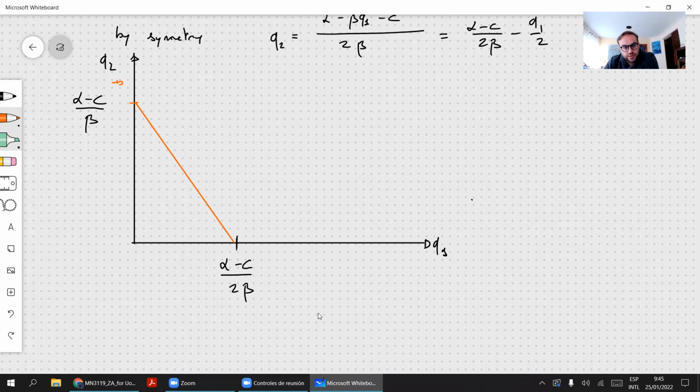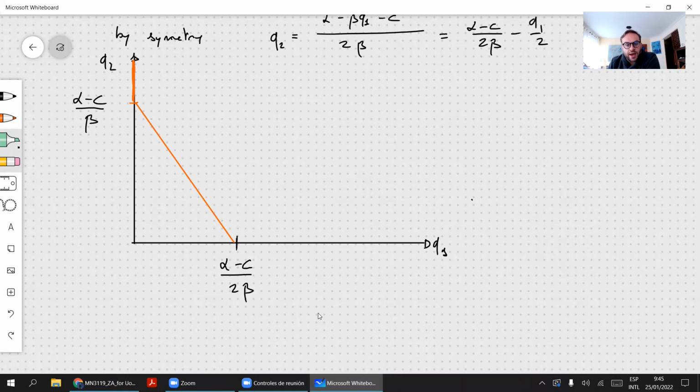I should produce 0, right? If the other guy is flooding the market, and there are really too many goods in the market, my production is just going to drop to 0, and so I'm going to be on the vertical axis because q1 is going to be 0.